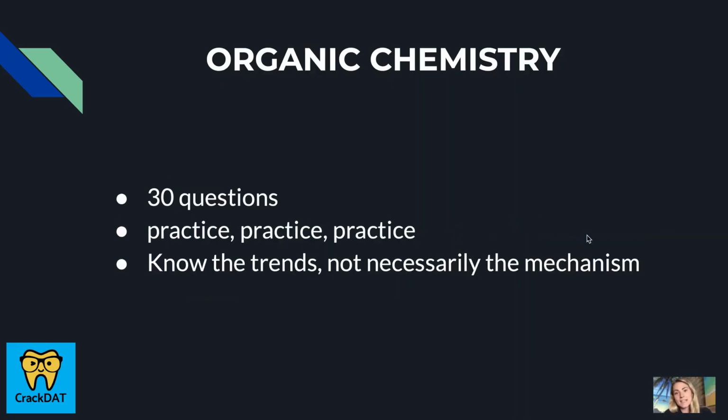So organic chemistry, this one is honestly all about practice. One thing I want to preface by saying is I had a really strong background in organic chemistry, but I was taught in a way that really emphasized the mechanism of the reaction. So when I started studying, I was really hell-bent on always trying to figure out the mechanism.